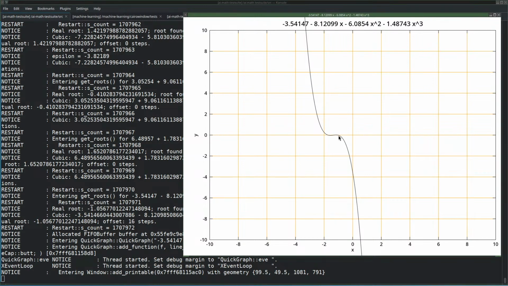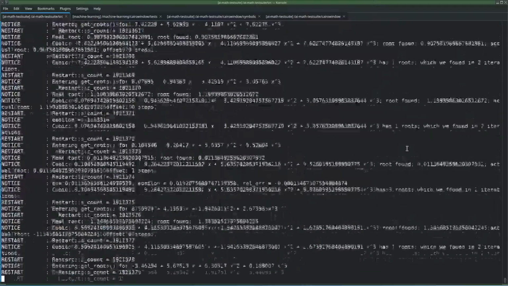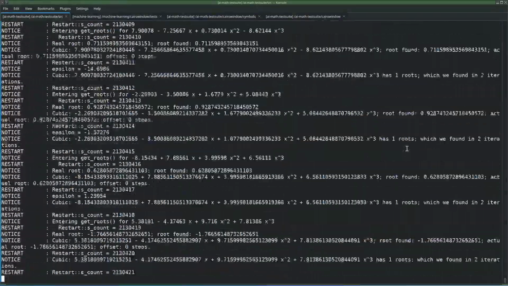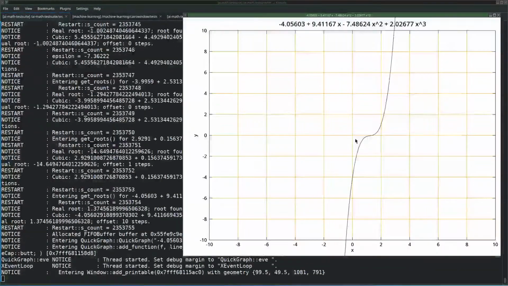It seems that they're just kind of flat-ish around the root. See, again, the root is exactly where the second derivative is almost zero. The first derivative isn't even low, but the second derivative is like zero, right there at the inflection point.